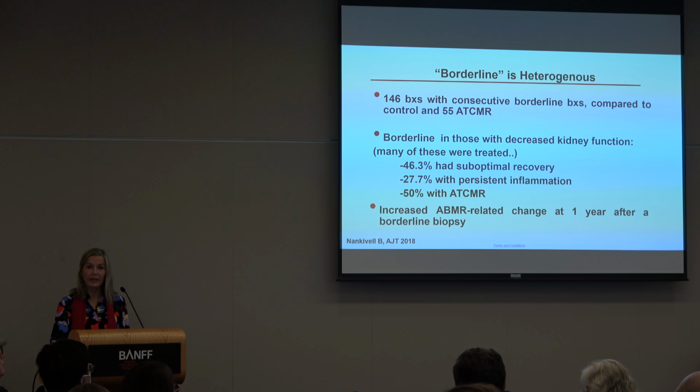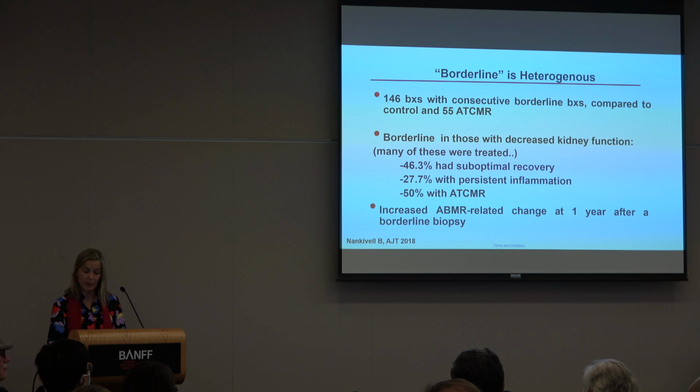So, borderline is heterogeneous. I've already alluded to that. From Mark Haas's early study, you can see the glomerulitis that developed. 146 patients studied by Brian Nankerville with consecutive borderline biopsies compared to control and those that just had T-cell mediated rejection by Banff. Borderline, in those with decreased kidney function, many of them were treated.